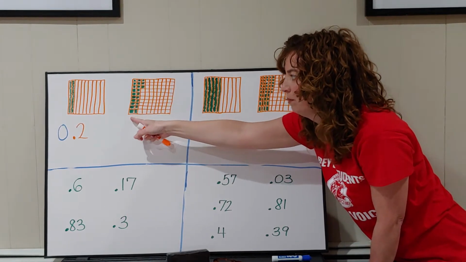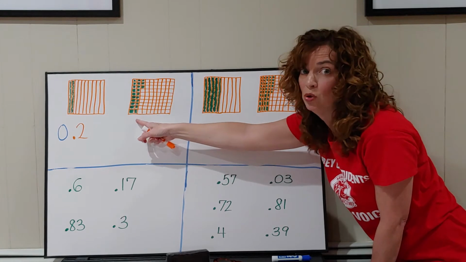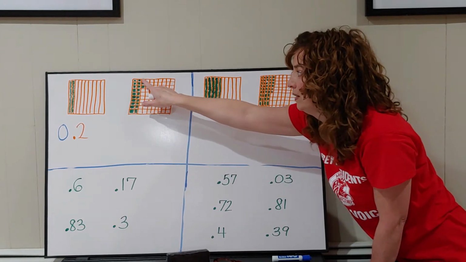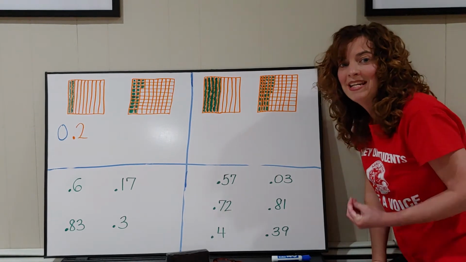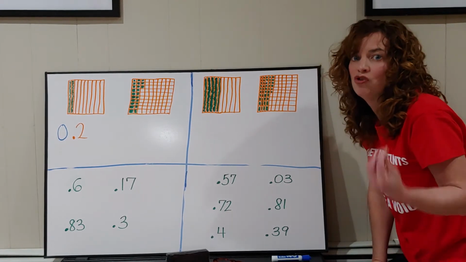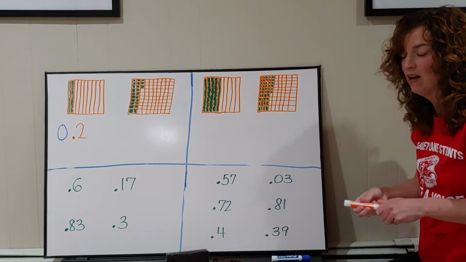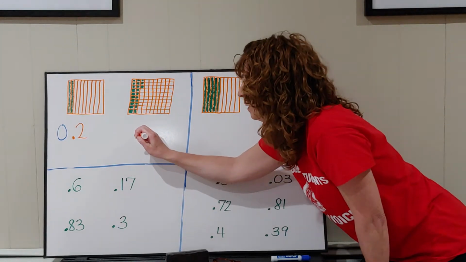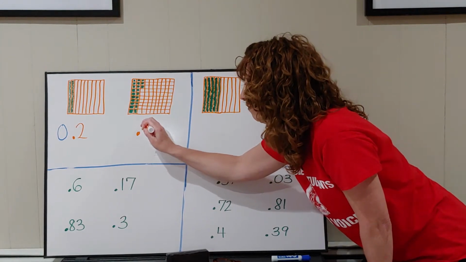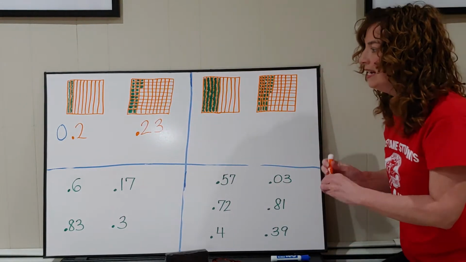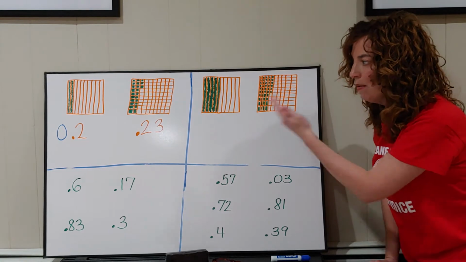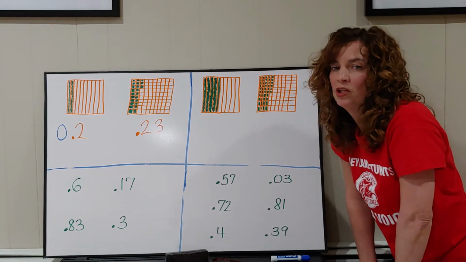So my first column would be 10. My second column would be 20. And I have 21, 22, 23. So we have 23 hundredths. So I'm going to draw my decimal point and write 23 hundredths.